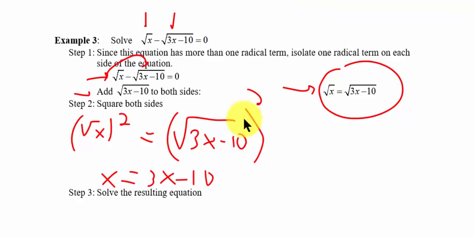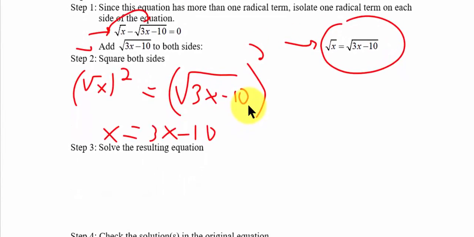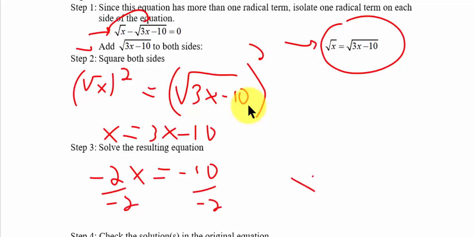When we square the radical sign, we're just left with whatever is under the radical sign. Now we solve the resulting equation. If we subtract 3x from both sides, you end up with -2x equals -10. If you divide both sides by -2, you end up with x equals 5.